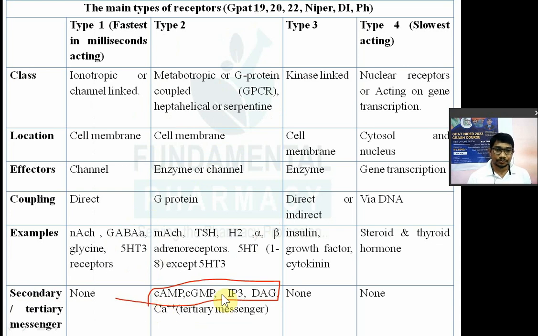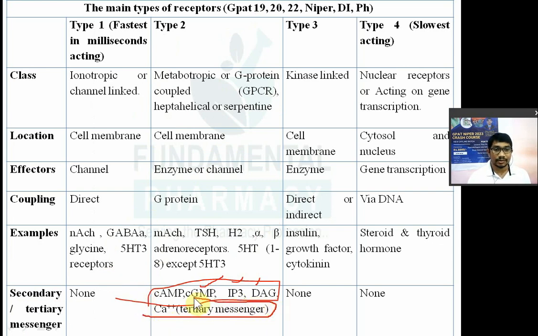Okay. चार एग्जांपल याद रखो: साइक्लिक AMP, साइक्लिक GMP, IP3 एंड डाइअसाइल ग्लिसरॉल. IP3 मतलब इंडियन फार्माकोपिया 3 नहीं होता है, इट इज इनोसिटॉल फॉस्फेट 3, राइट?